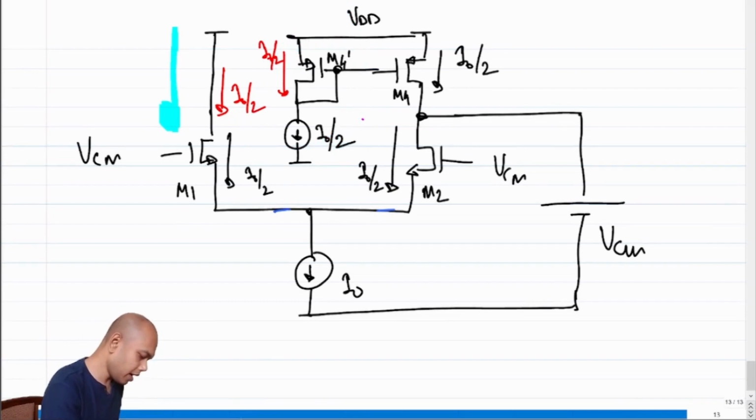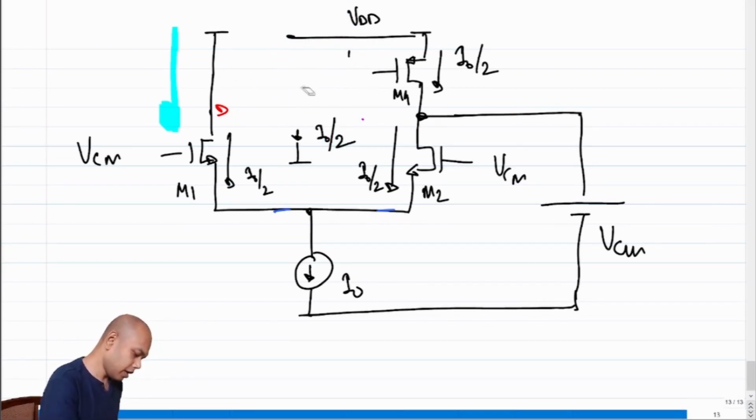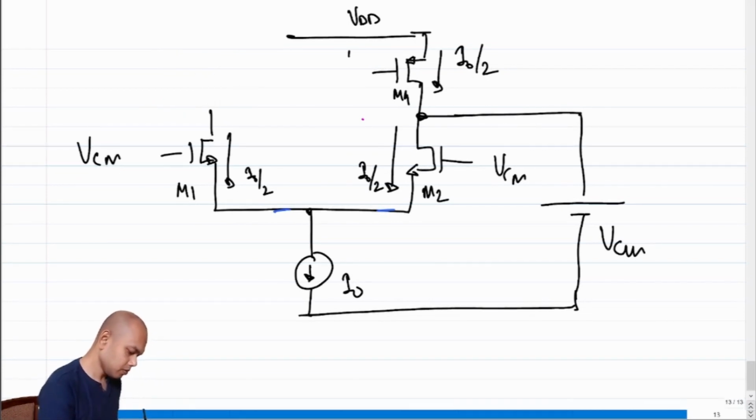So if we do that, what's going to happen? I get rid of this guy, and since the current is actually flowing through this, why can't we simply connect it like this, and let's call this M3.